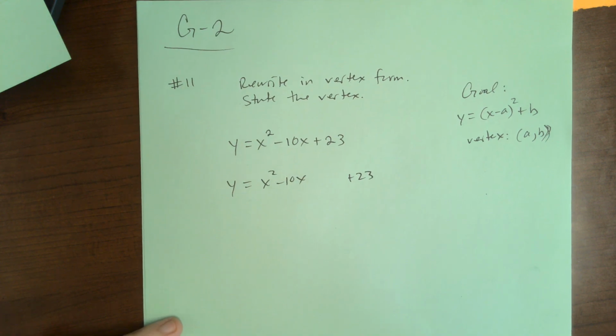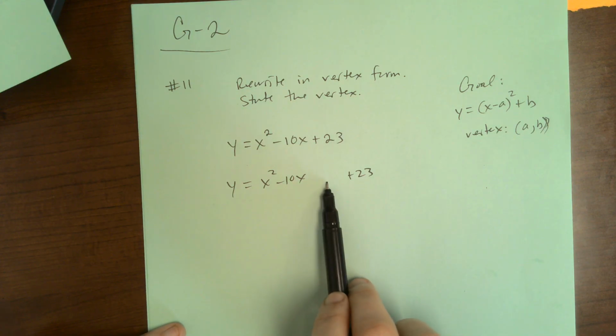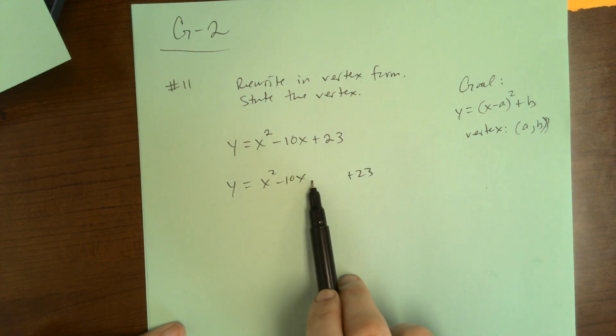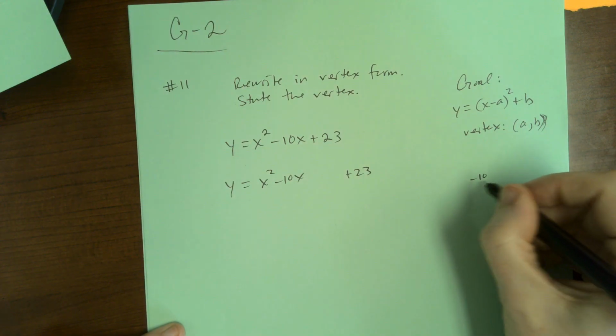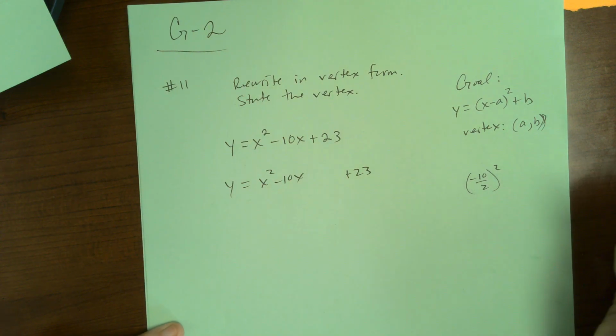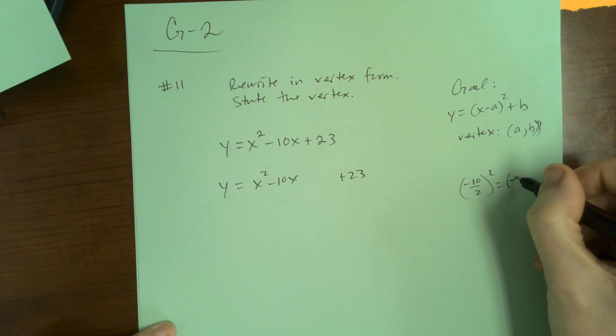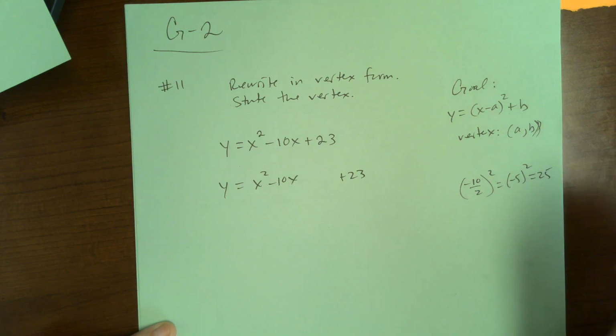Now to figure out the number that goes here to complete the square, you take this negative 10, divide it by 2, and then you square it. So this is negative 5 squared, that's 25.